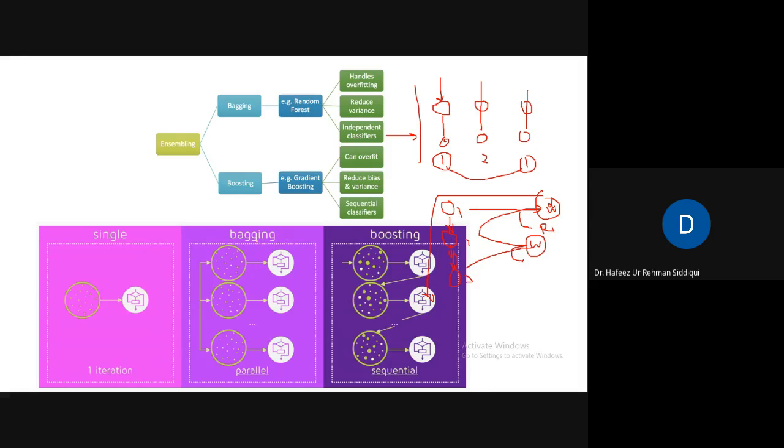So in bagging, this is a classifier, and this is another one, and this is another one. So this is a parallel pattern, and this is a sequential one in boosting. First this is the data set. We give it to a model.